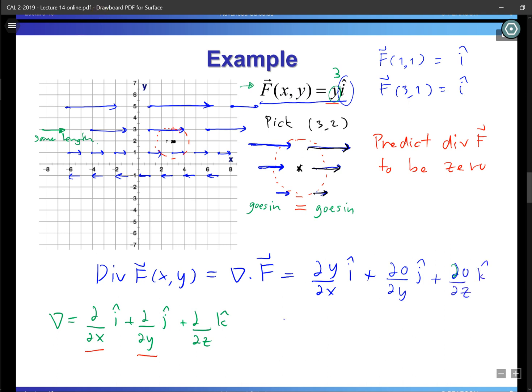And you can see here, this comes out to be 0, 0, 0, which means that the divergence for this vector field, at any point, comes out to be 0. Just like we predicted. So here, no expansion and no contraction.